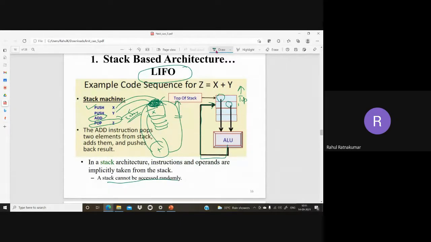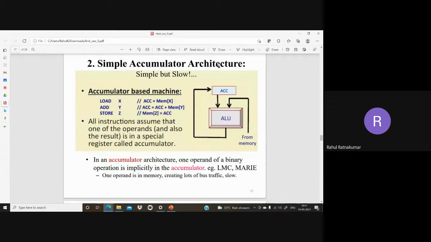So also there are some other architectures. Right now we'll see the most common one, the accumulator-based architecture, which we discussed. Here we can see there is a common register, the accumulator, which stores the data before execution. Data goes to the accumulator, and after execution, the result is again stored in the accumulator, right?